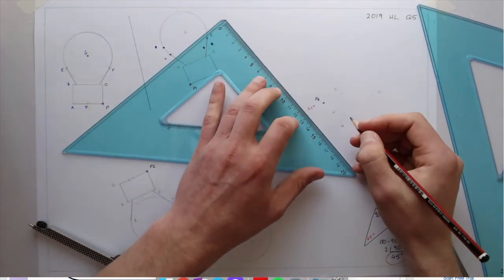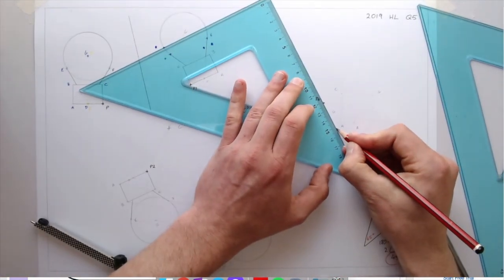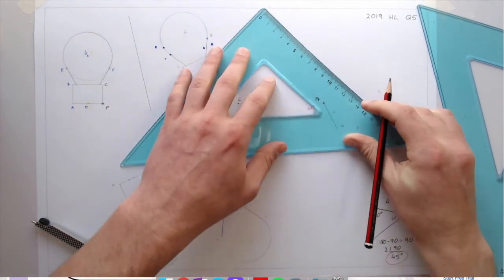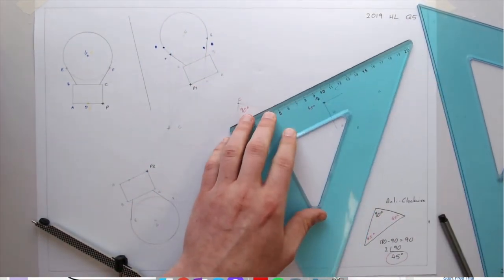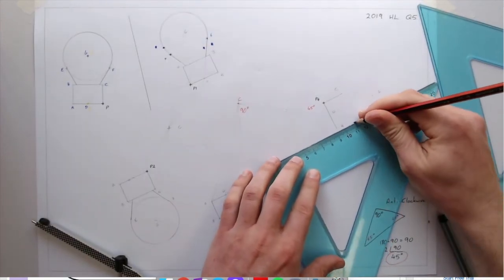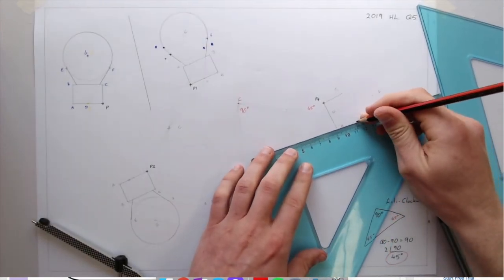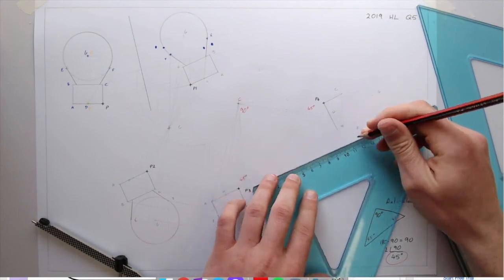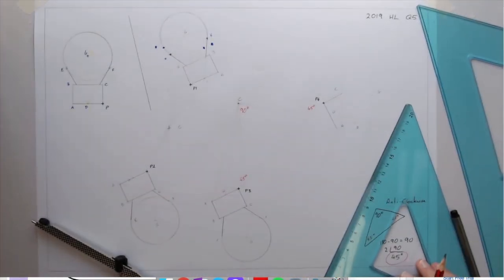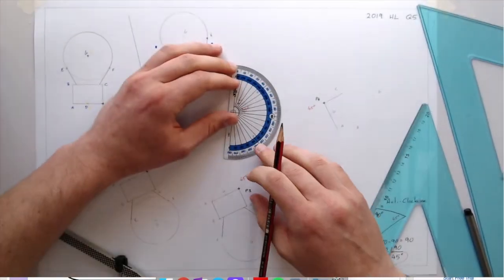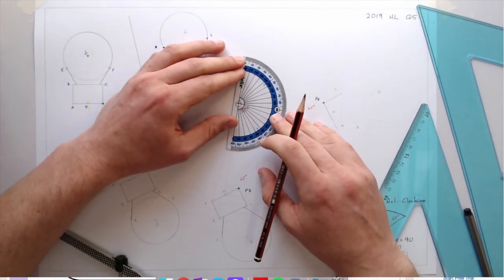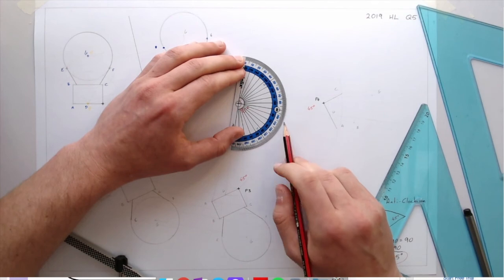So then joining it up, then I'm going to join up my points. You see my B is, let me just check, so my B is a little bit off. Quick check before I put it in.